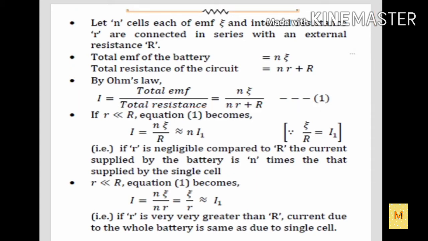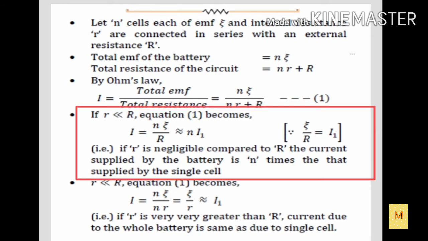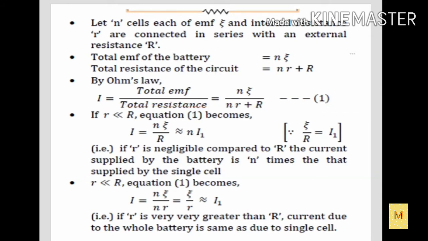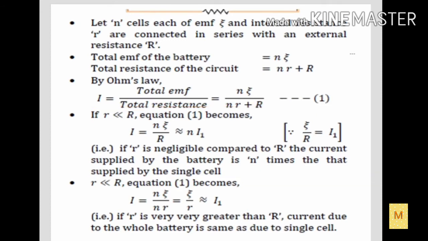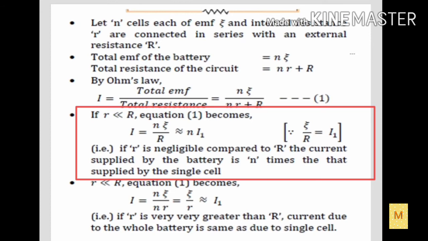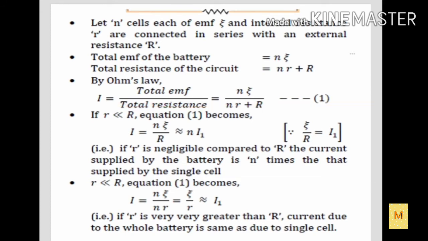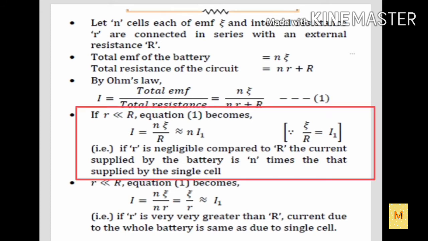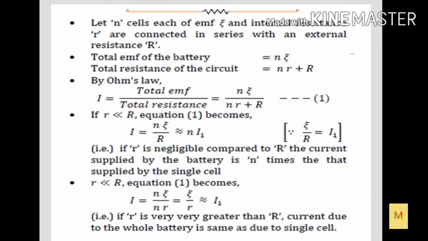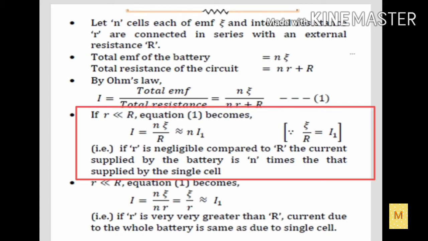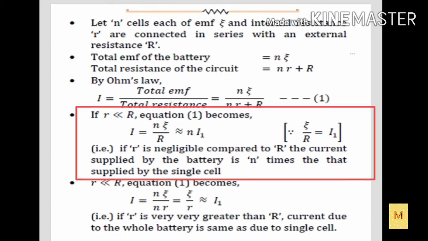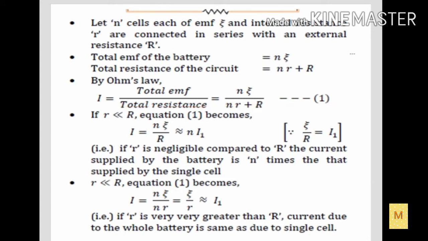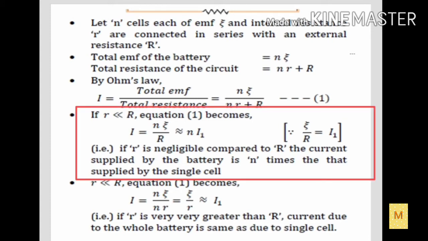We know that the internal resistance small r is very much less than the external resistance capital R, so that equation 1 becomes I is equal to n into psi divided by capital R, which is equal to n into I1, because I1 is equal to psi by R. Such that if small r is negligible compared to capital R, the current supplied by the battery is n times that supplied by the single cell.